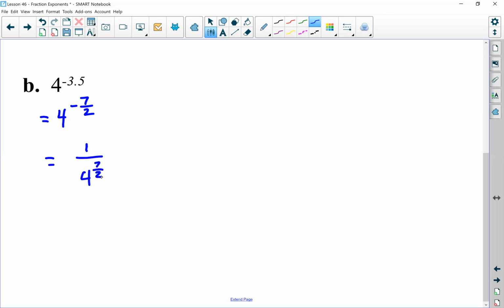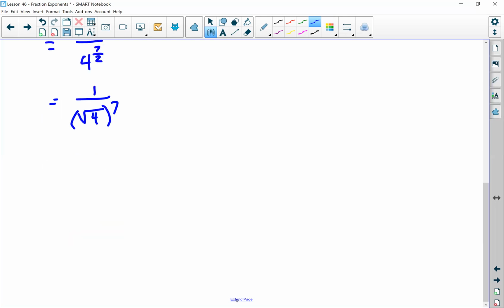That would have been Friday's lesson. So this is 1 over the square root of 4 to the 7th. The square root of 4 is 2. And now if I go 2 times 2 is 4, times 2 is 8, times 2 is 16, times 2 is 32, times 2 is 64, times 2 is 128.